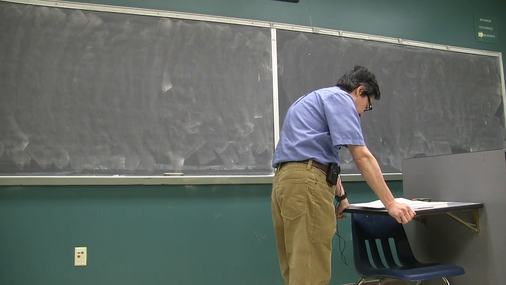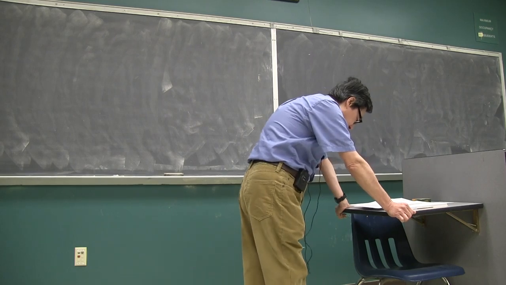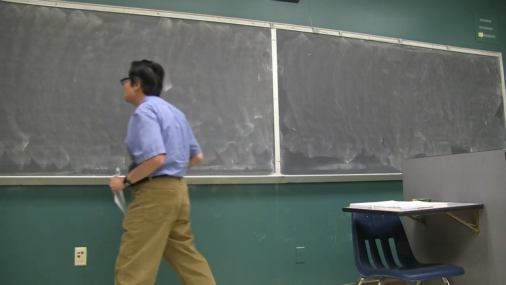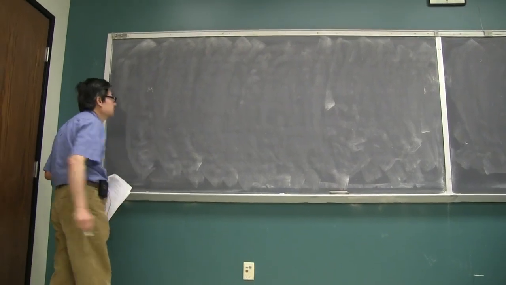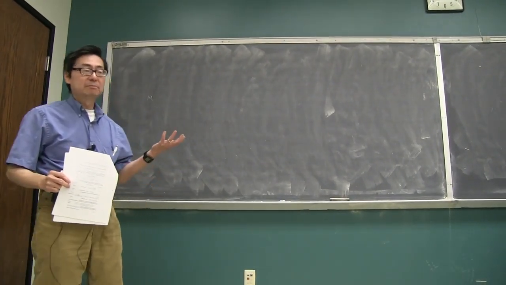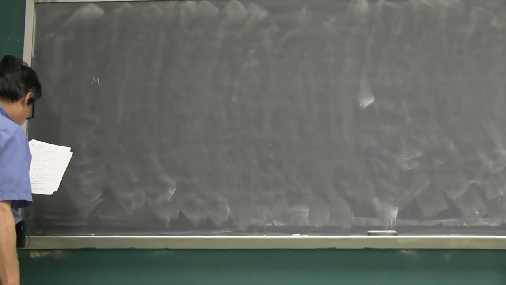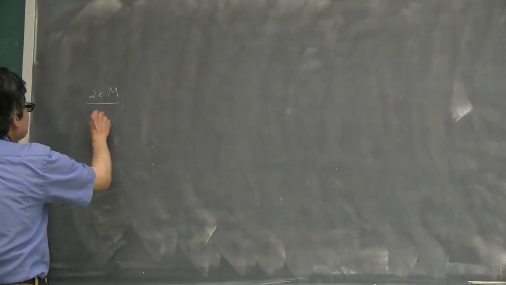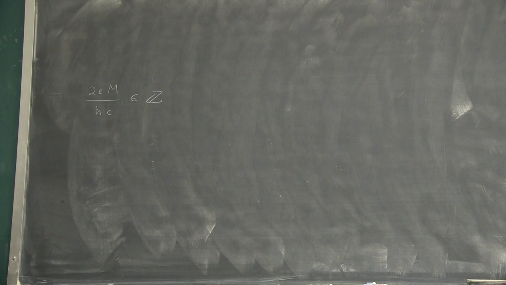So let's recall what happened when we talked about the magnetic monopole. We saw that if the magnetic monopole has a magnetic charge m, the equivalent of the electric charge, then the following quantity has to be some integer, a positive integer in fact.